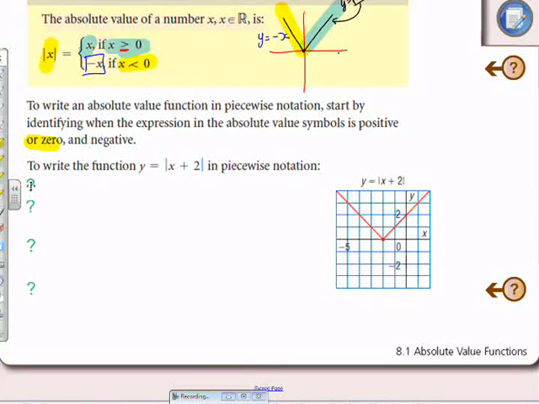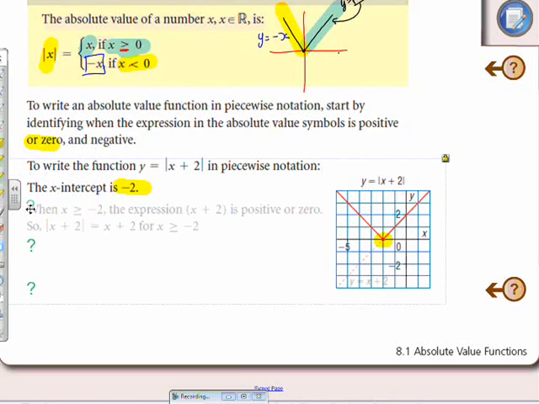All right, so then we've got, first find the x-intercept, that's your step number 1, right there. Then identify the places where it's positive. It's already originally going to be above the x-axis to the right.